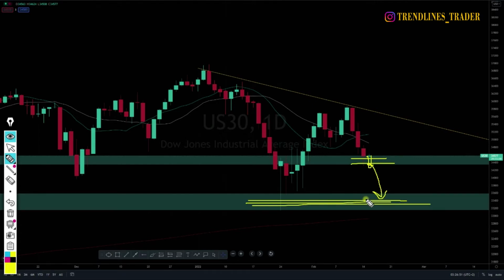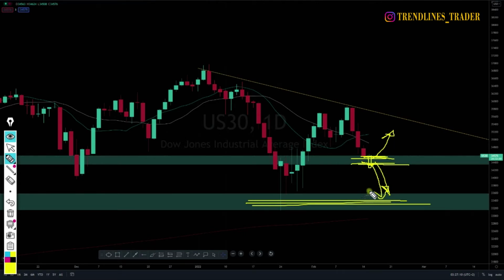So let's hope that if the price doesn't respect this smallest support that we are currently on at the moment, we will be pushing high, and then if the price doesn't respect it, it will push down below.